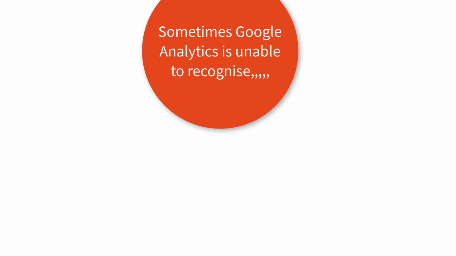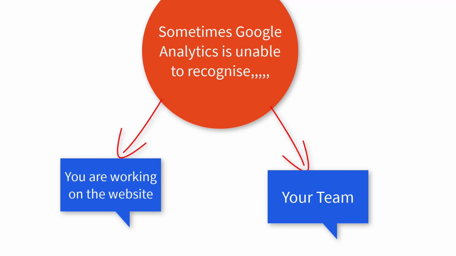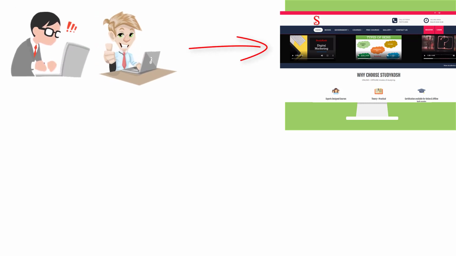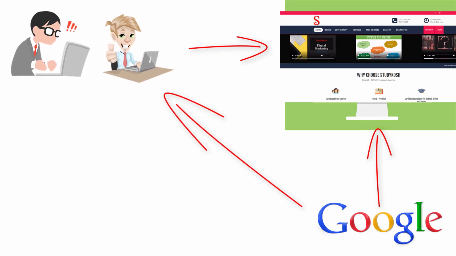Students, Google Analytics is unable to recognize what is actually happening, how you are progressing, just because of two factors. First, it's you who is working on the website. Now let us say that currently I have opened StudyKosh.com, or any of my team members are working on the website. Google is automatically going to pick up that at this location so and so many people are at your website.